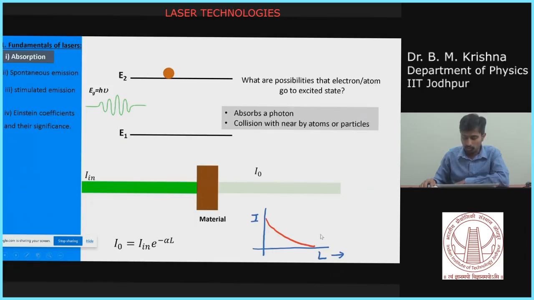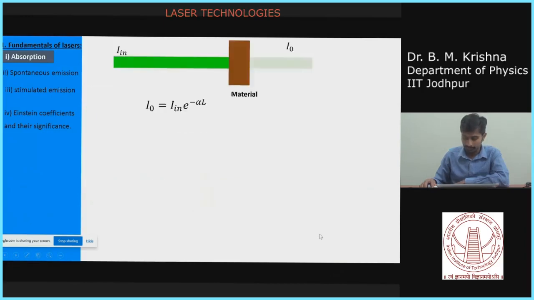In that case, the output intensity will be less. So I naught equals I input times e power minus alpha L. This alpha is an inherent property of the material.